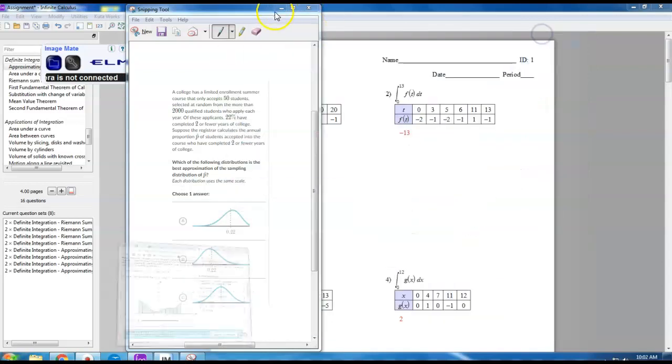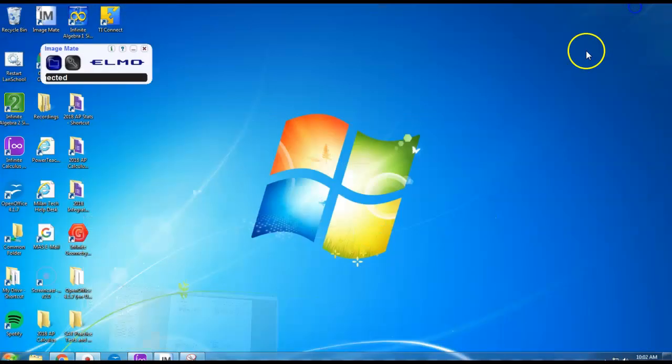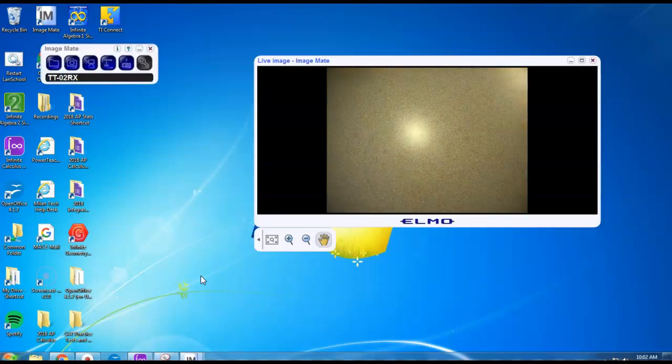So let's go through how to do it on the paper I gave you. You won't have a scrolling graph in front of you. So you've got to be able to do it two ways.